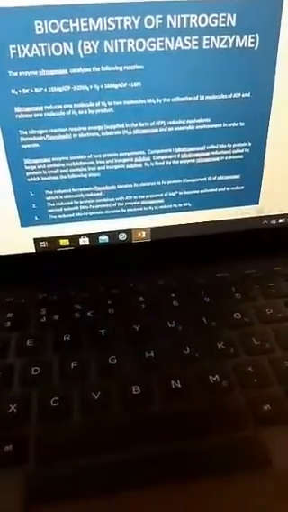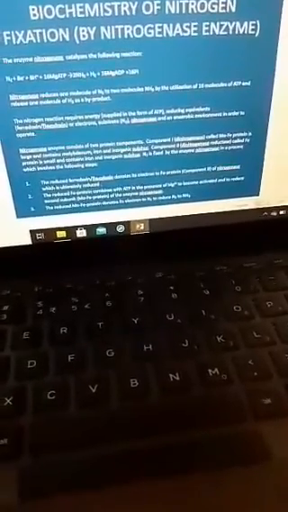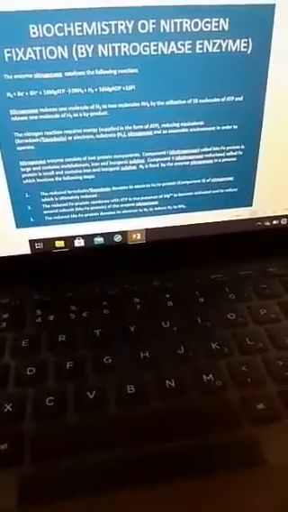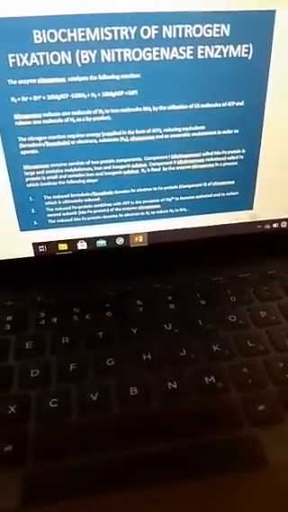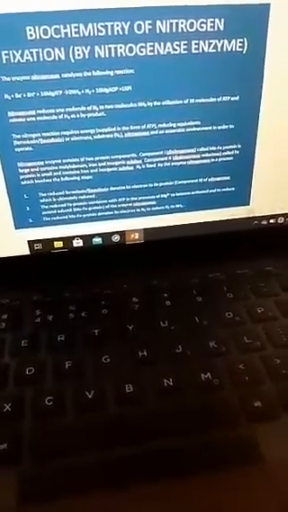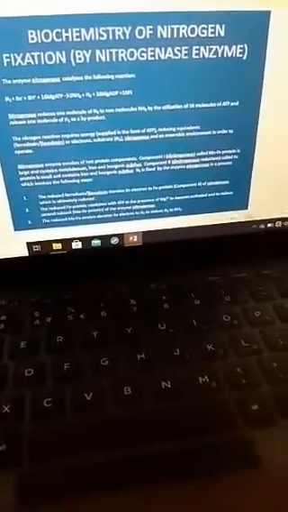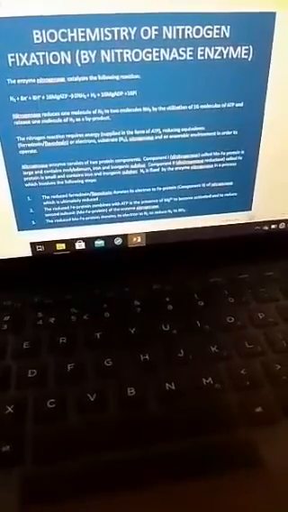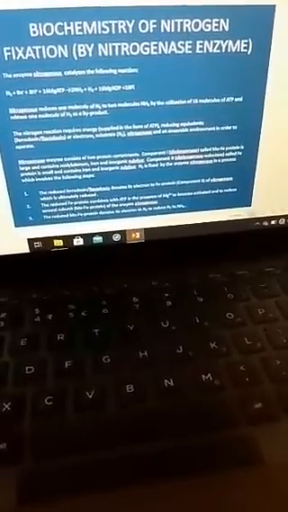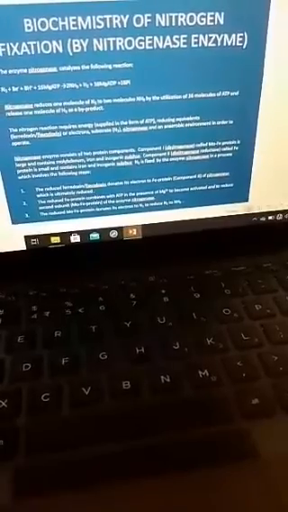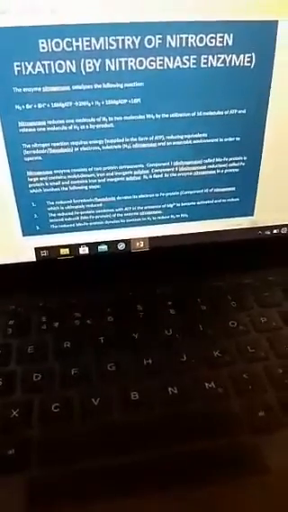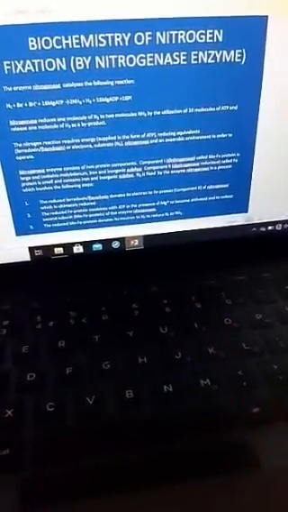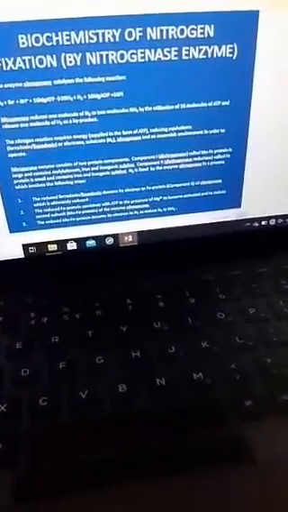Dealing with the biochemistry, I can simply put it this way. For the nitrogenase enzyme to function, it needs energy. The energy is supplied in the form of ATP. But remember, the original source of that energy is basically the carbohydrates of the host plant.